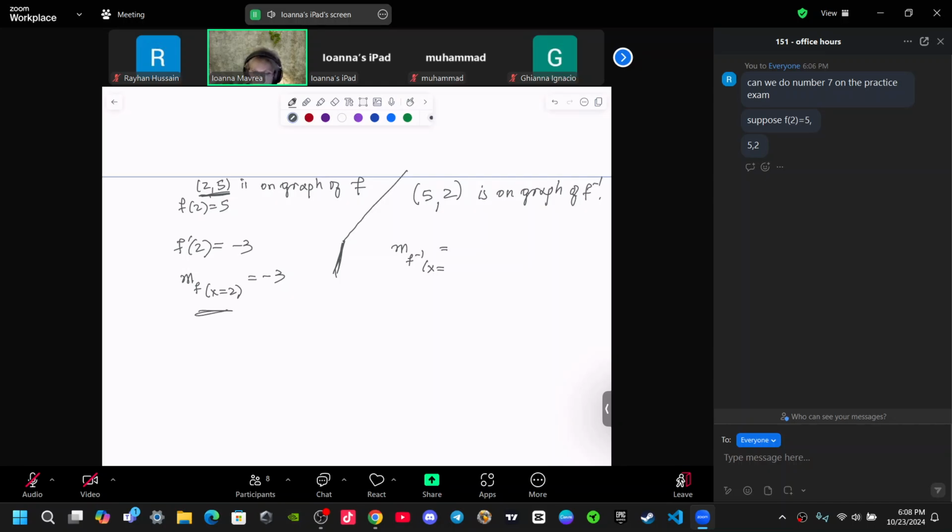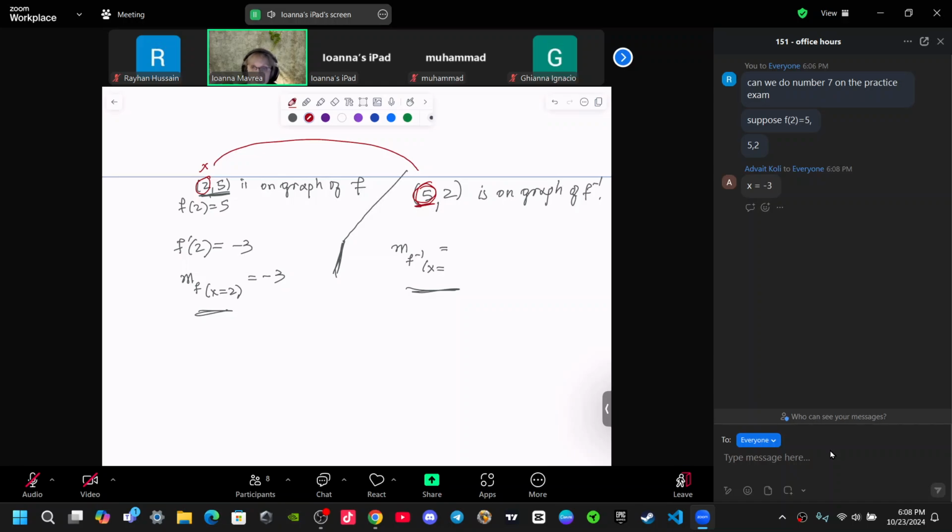If I know this slope, I also know another slope on the inverse. So if this is your x, and you know the slope at that x for the function, you also know the slope at x equal 5.